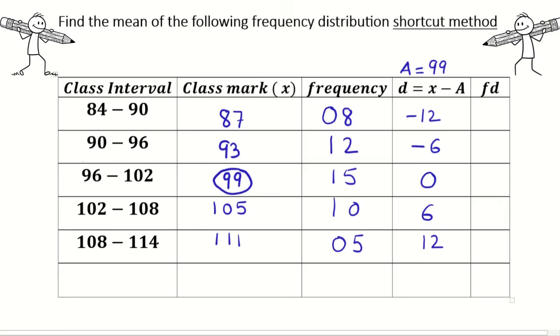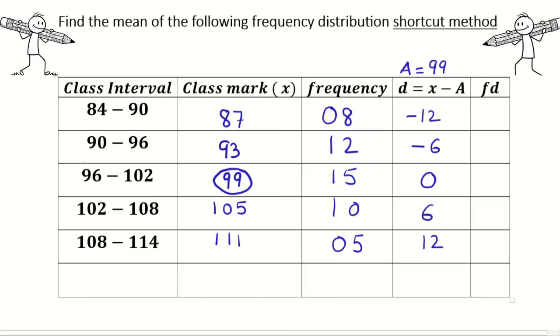Now, what is FD? If you remember, I told you after class interval, make class mark and then frequency. Reason is we will multiply F with D. Correct? F into D. Most of the students, after class interval, write F and multiply the wrong numbers.